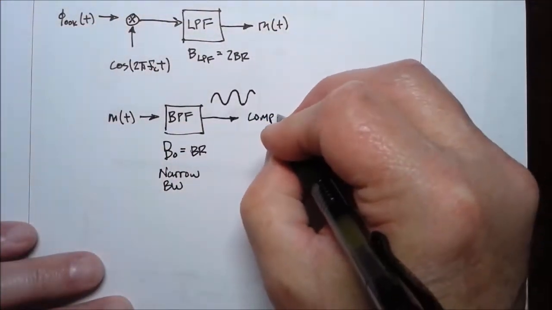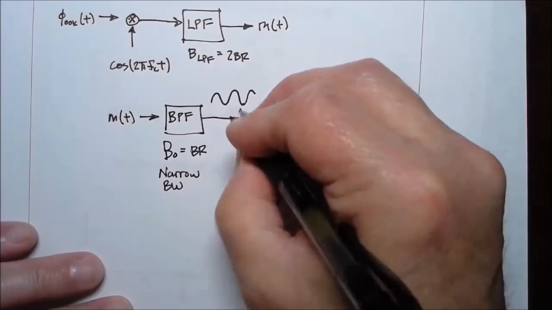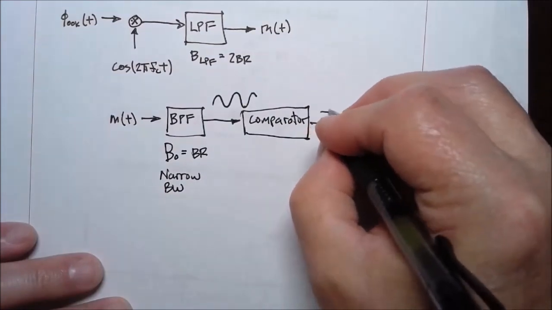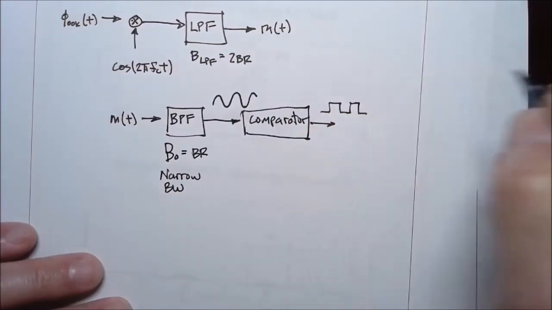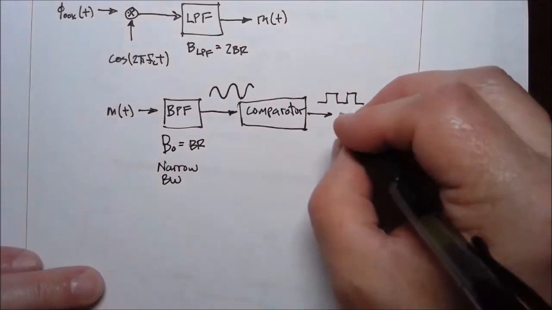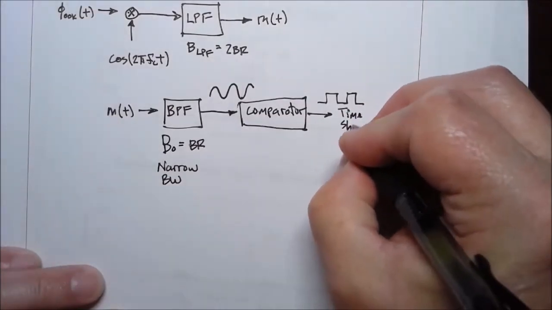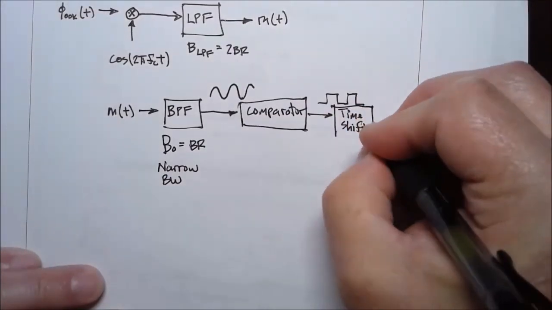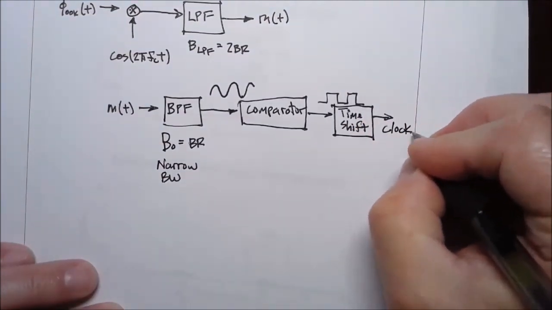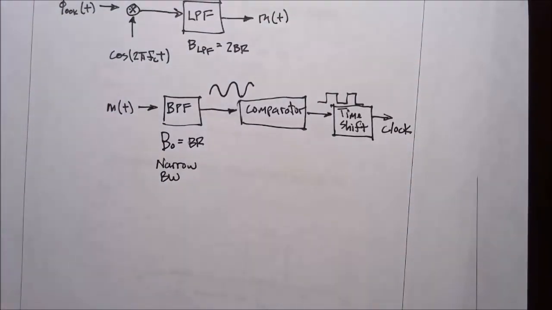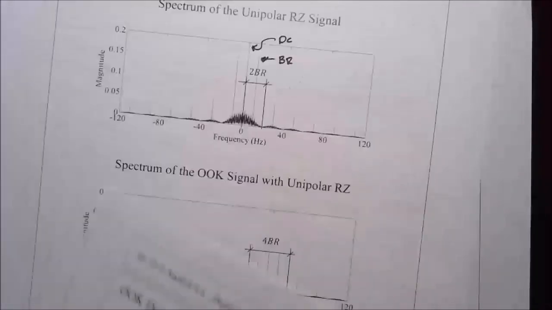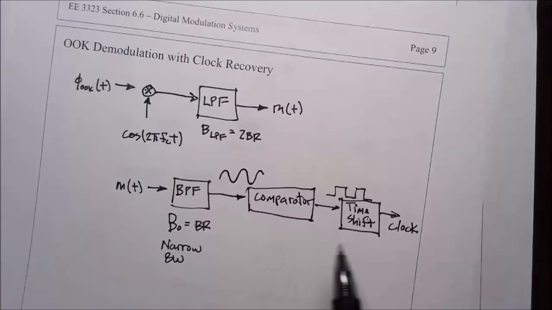So we take this into a comparator, and what comes out of the comparator would be a clock signal. You may have to do some time shifting to get things synchronized correctly, and what we then recover is a clock.